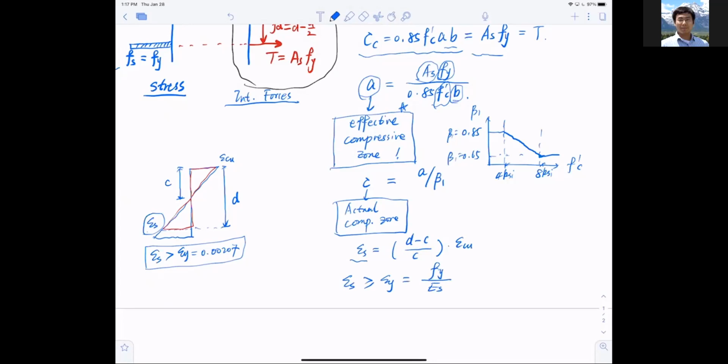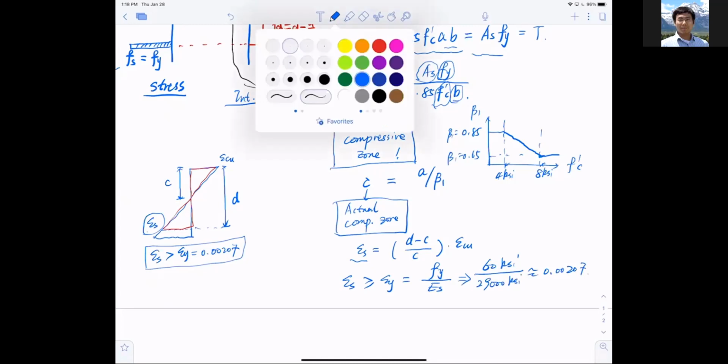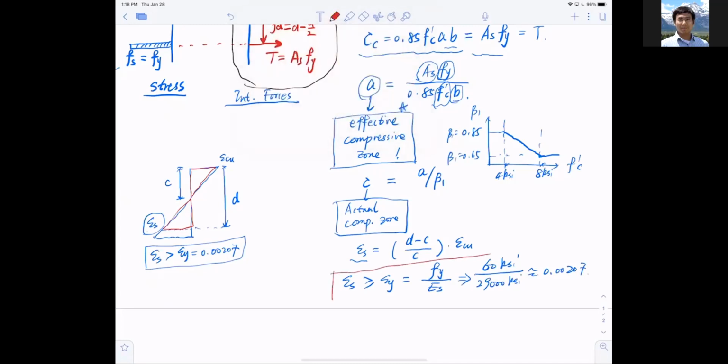And just so you know, remember, Fy for grade 60 is 60 ksi, and Young's modulus for steel is 29,000 ksi always. So this gives you a rough number of 0.00207. All right, 0.00207. So all we have to ensure is this holds, to be able to do analysis like this.